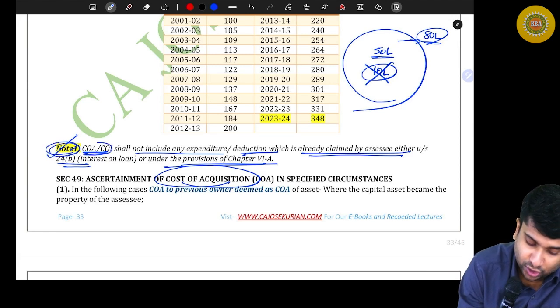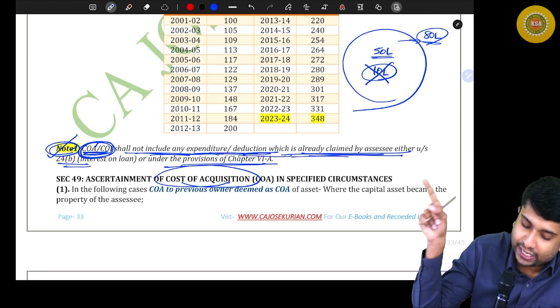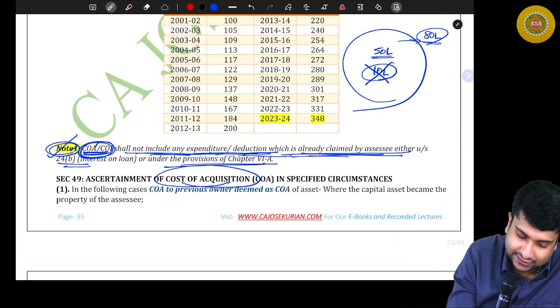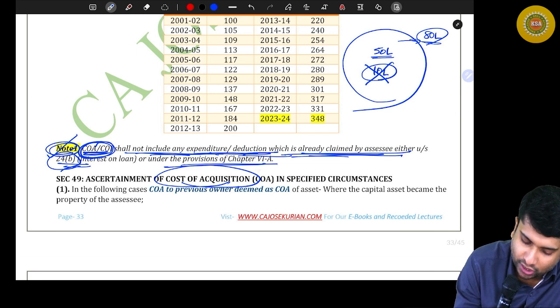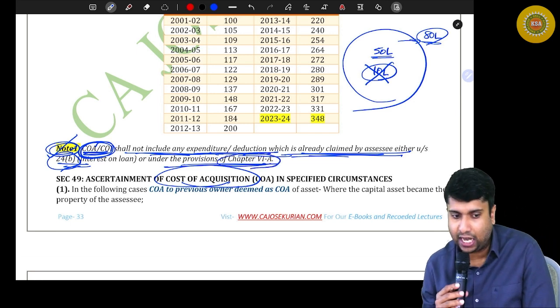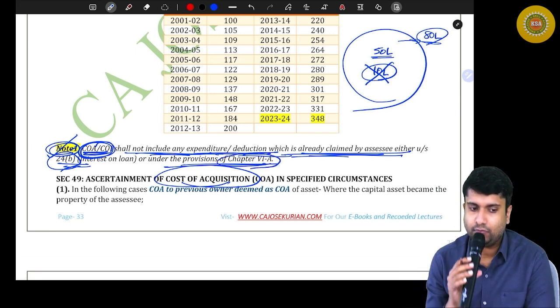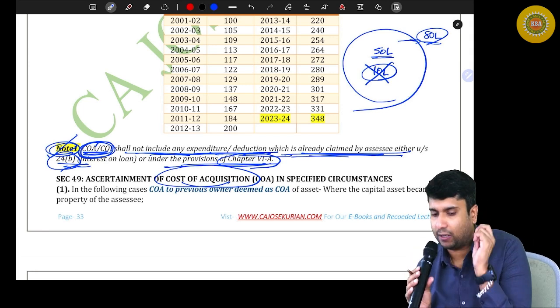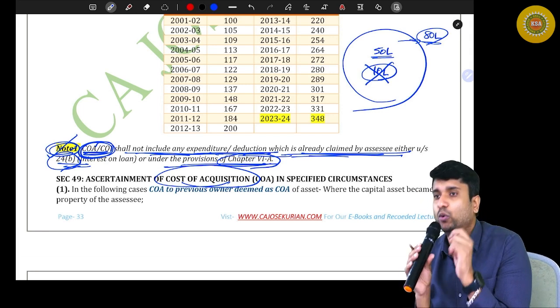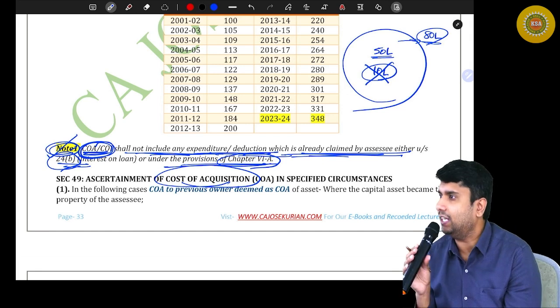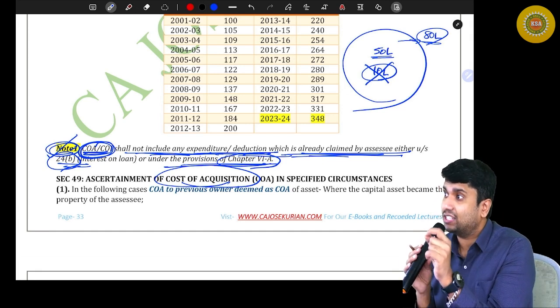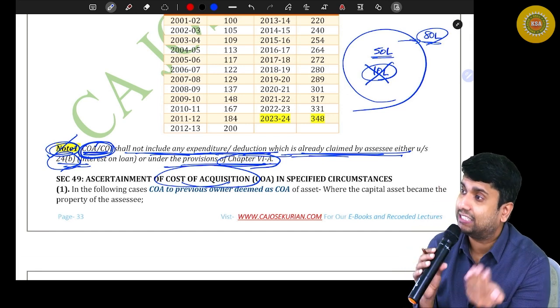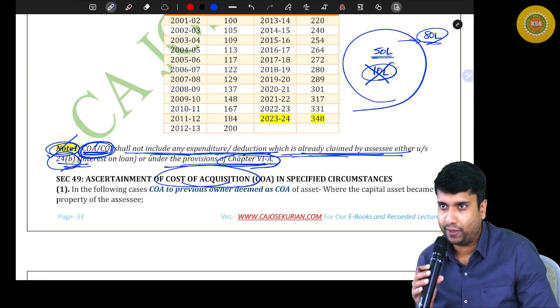While computing the cost of acquisition or cost of improvement, it shall not include any expenditure or deduction already claimed by the assessee under section 24B or under Chapter 6A. Are you with me? So whenever you are computing cost of acquisition, you are not supposed to consider all the deductions that you have claimed under 24B or Chapter 6A. I hope it is clear.